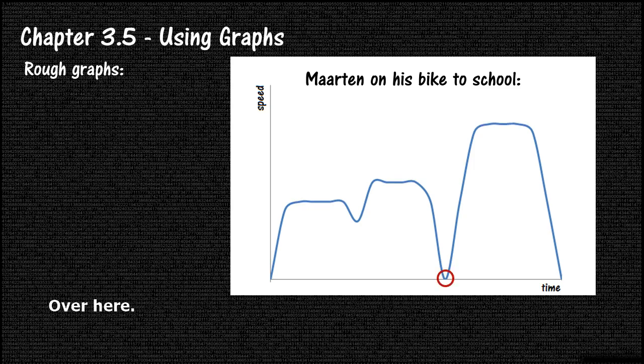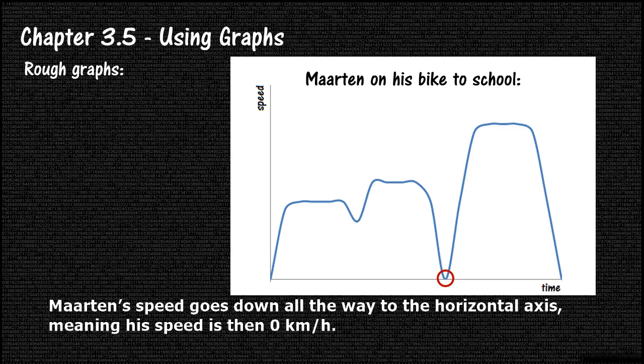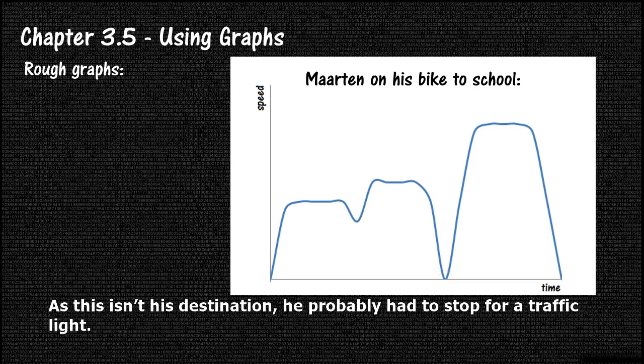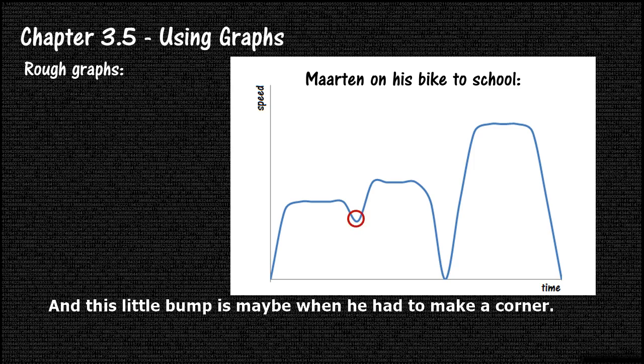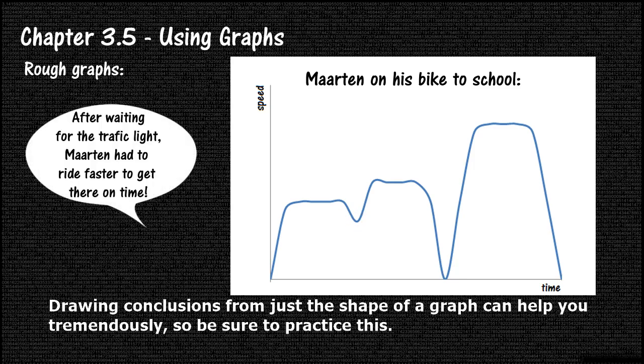Over here, Maarten's speed goes down all the way to the horizontal axis, meaning his speed is then 0 km per hour. As this isn't his destination, he probably had to stop for a traffic light. And this little bump is maybe when he had to make a corner. Drawing conclusions from just the shape of a graph can help you tremendously, so be sure to practice this.